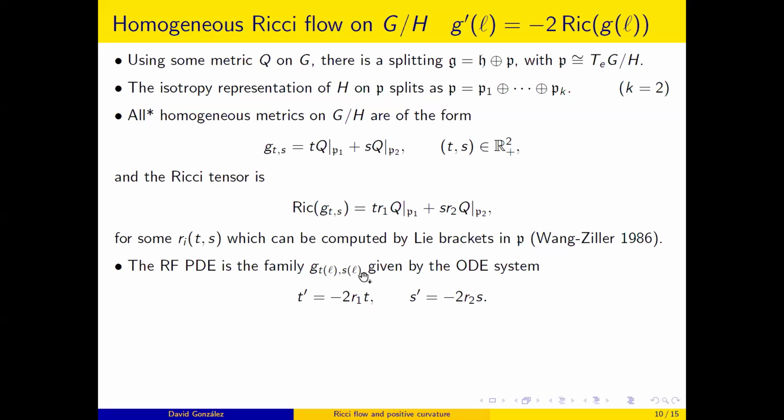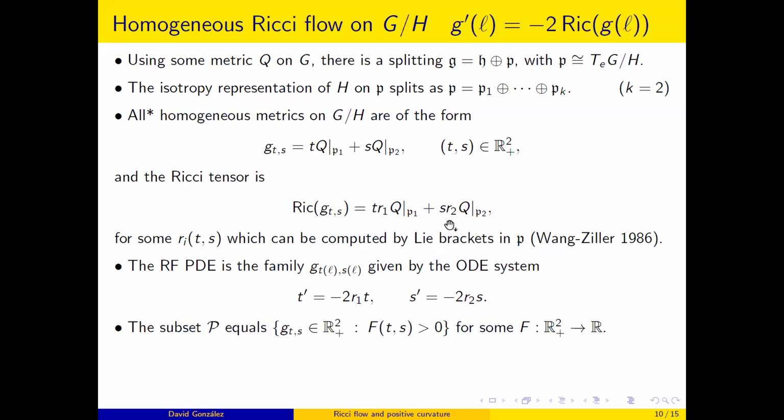Now the T and the S are functions. They depend on the time parameter, which I'm calling l, because T is used for the parameter of the family. And this is just an ODE system where we have the derivative of two functions, and it depends on T and S.